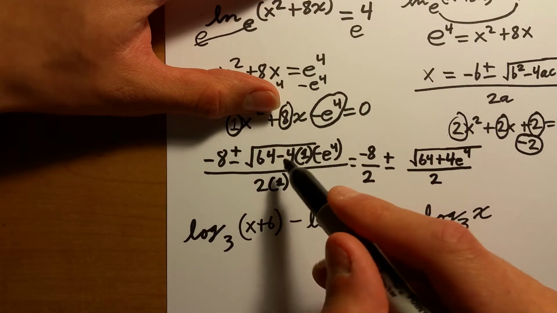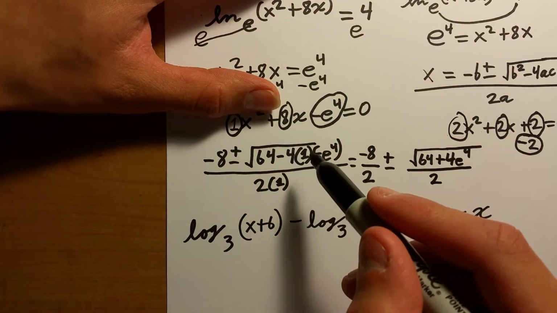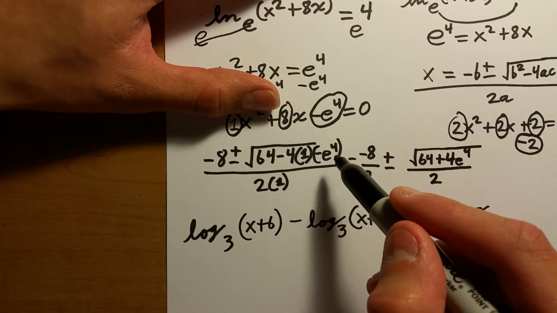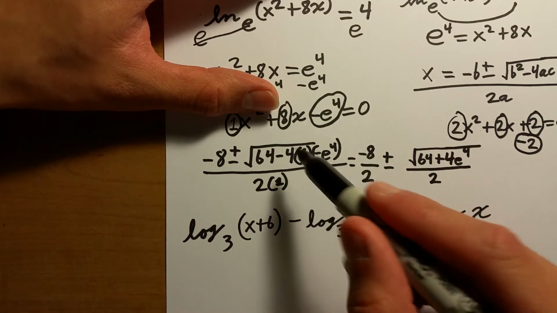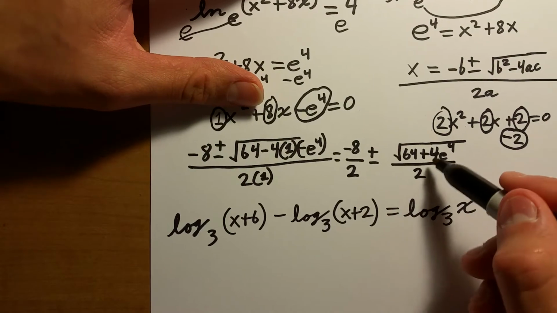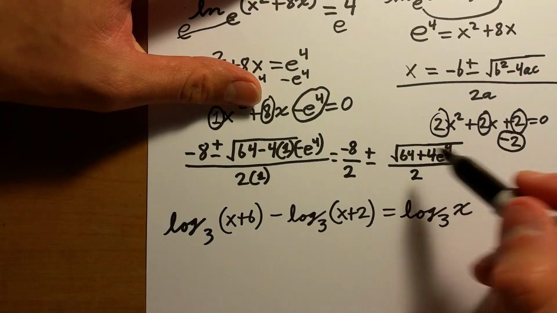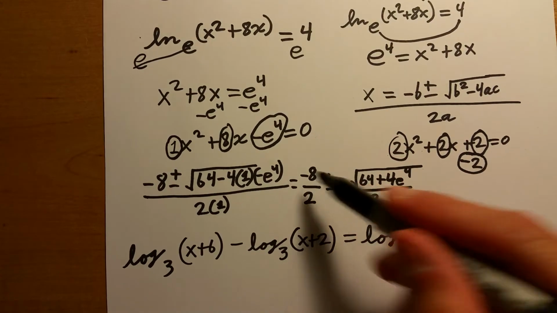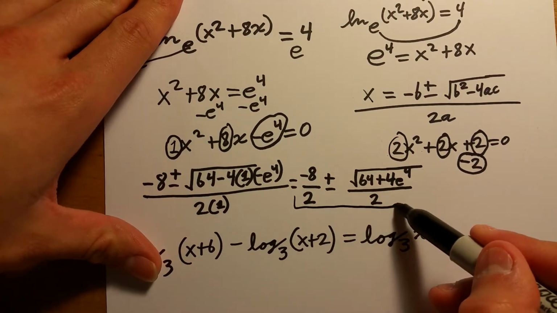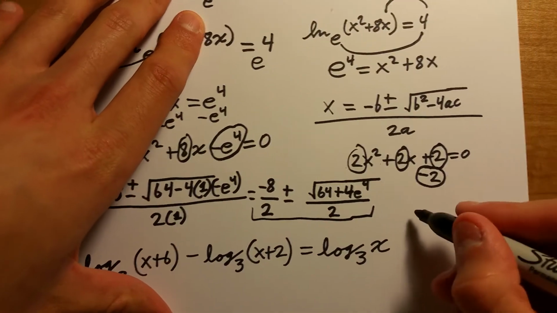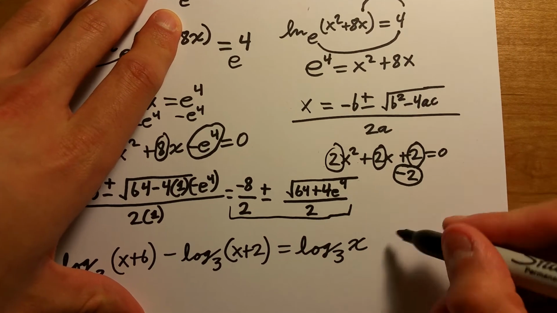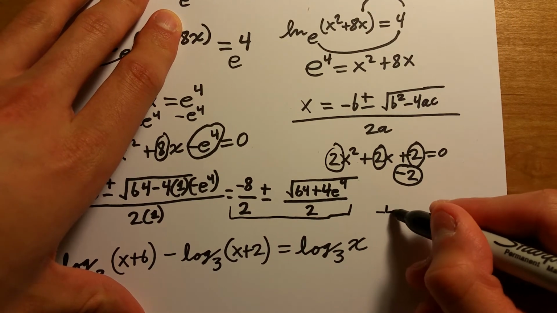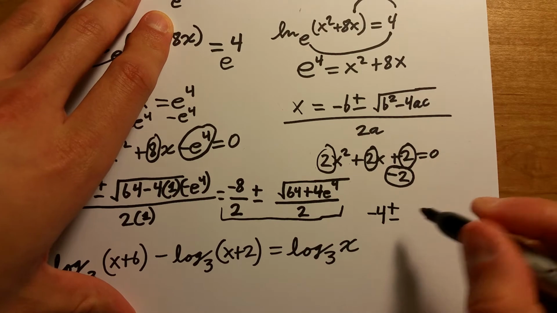It's that because negative 4 times 1 is negative 4, and then negative 4 times negative e to the power of 4 is positive 4e to the power of 4. That's why we ended up with 4e to the power of 4 and then 64. Once we're in this form, negative 8 divided by 2 is negative 4, so you're going to have negative 4 plus or minus.